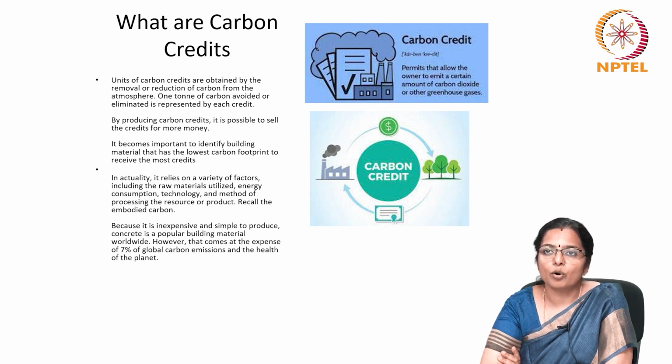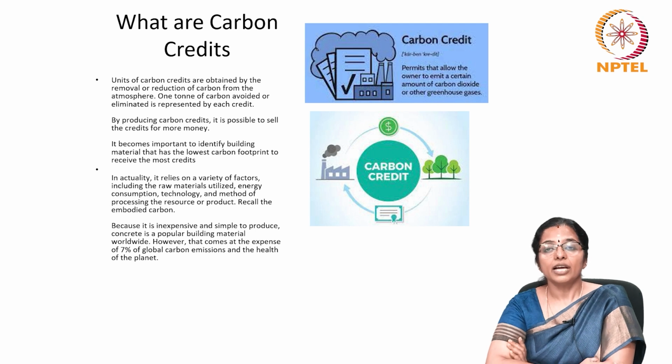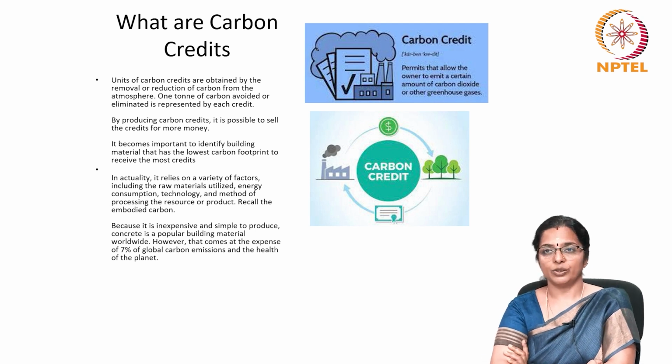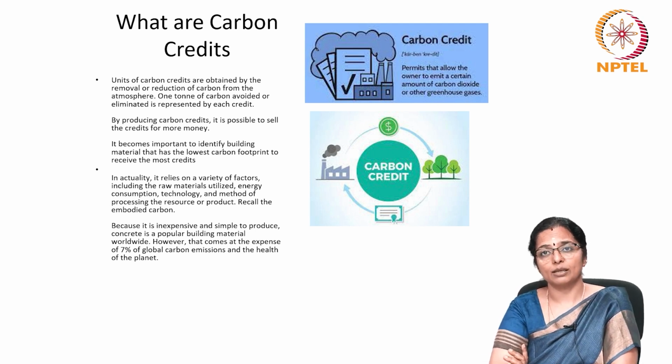It becomes important to identify building material that has the lowest carbon footprint to receive the most credits. In actuality, it relies on a variety of factors including the raw materials utilized, energy consumption, technology and method of processing the resource or product.